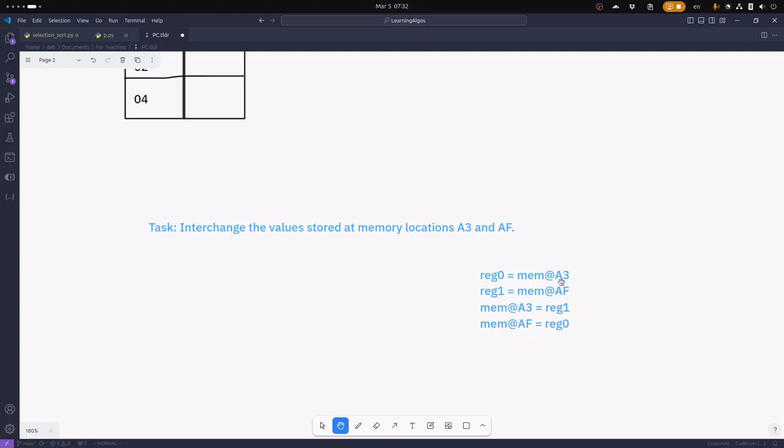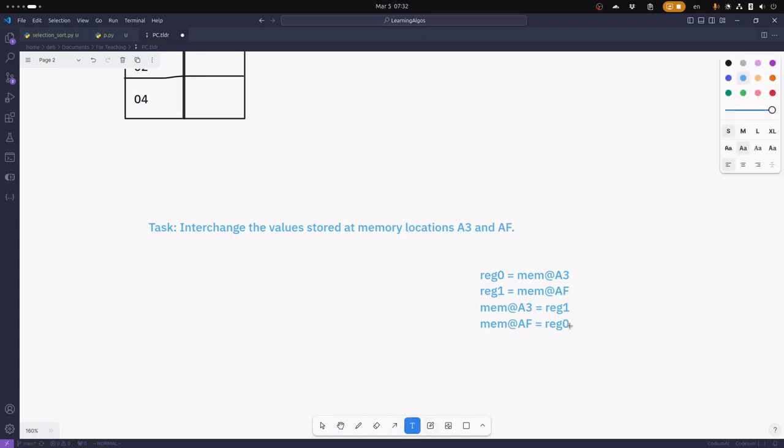So now memory address AF holds the value of memory address A3. This is so simple that I don't need to explain, I guess. We just interchange the values like this.